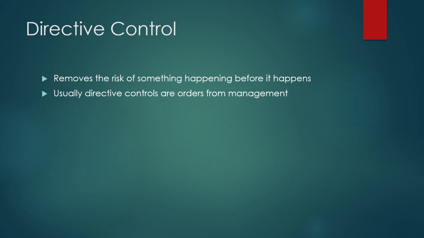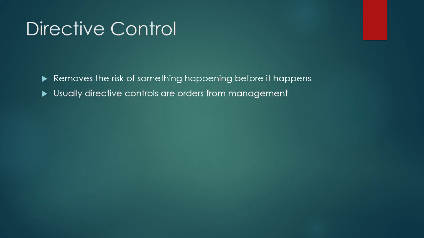And the last type of control is what's called a directive control. So directive controls are generally administrative controls. And what directive controls do is they remove the risk of something happening before it happens. So a directive control could be an order from the management.